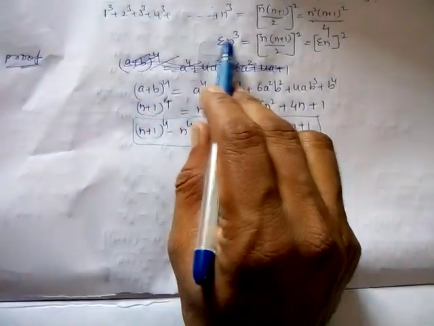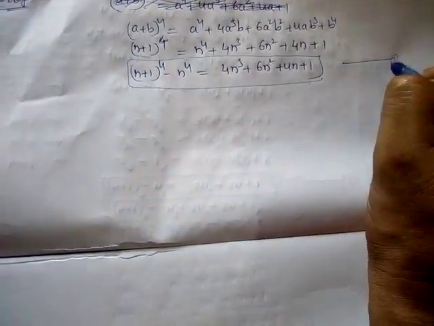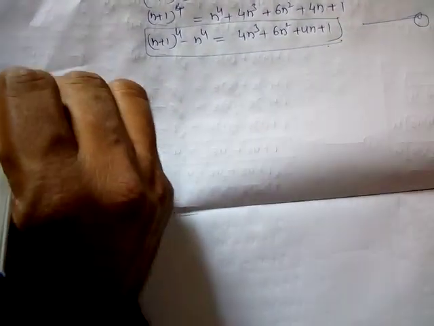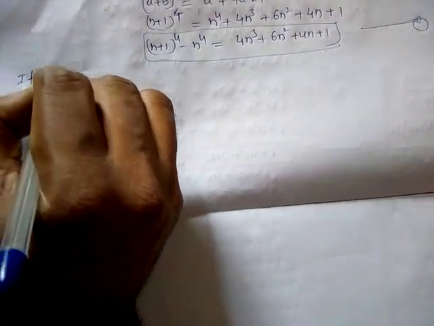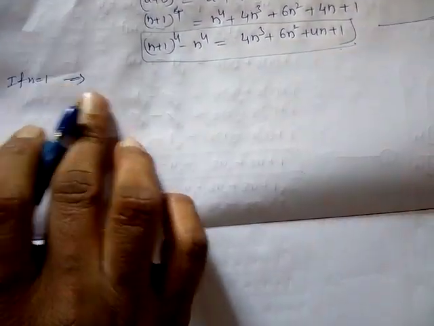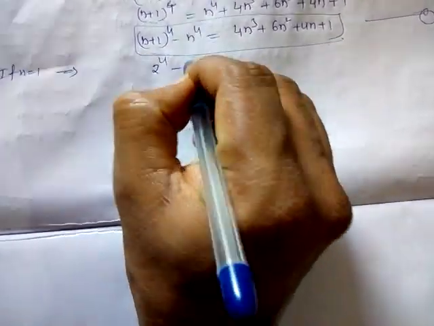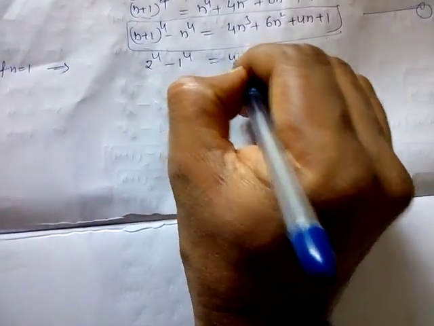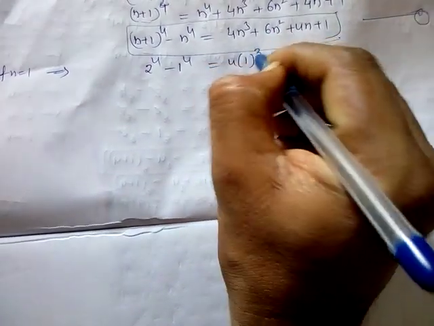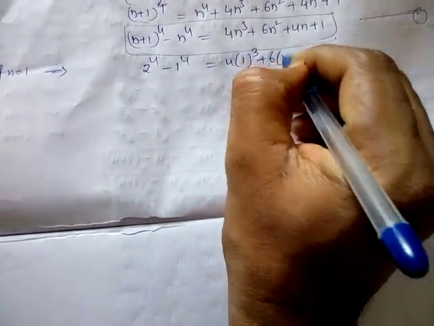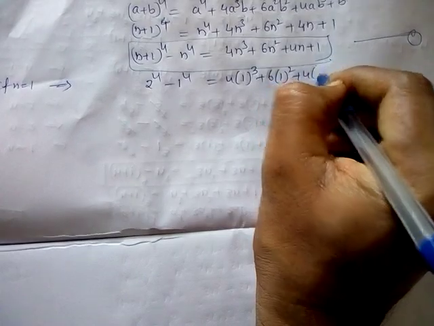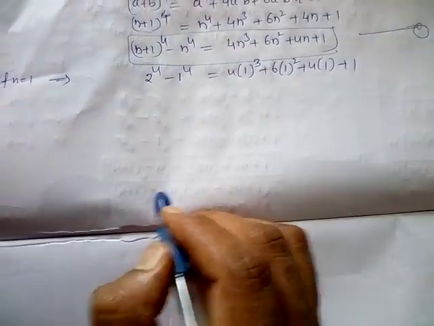From this identity we have to prove sigma n cube. So from this identity, if you take n is equal to 1, 1 plus 1, 2 to the power of 4 minus 1 to the power of 4, that is equal to 4 into 1 cube plus 6 into 1 square plus 4 into 1 plus 1.